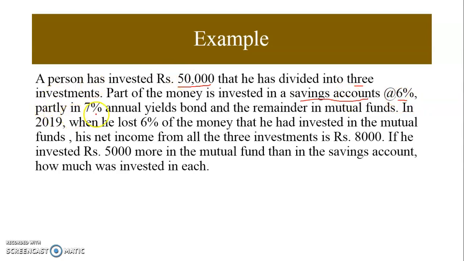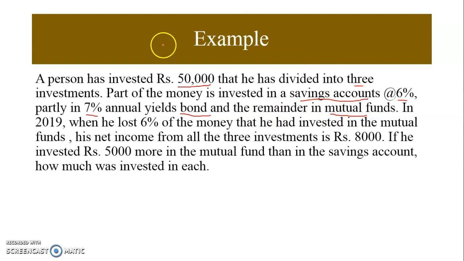Next, partly in a 7% annual yield bond. So this is the second investment, and this 7% is the rate of interest on the bond. And the remainder in mutual fund. So mutual fund is your third investment.